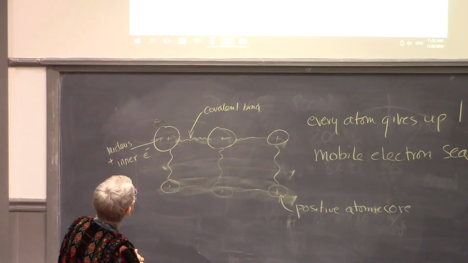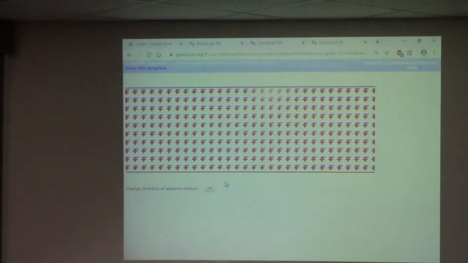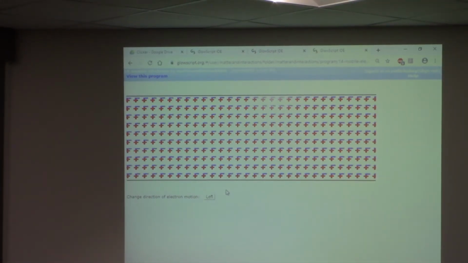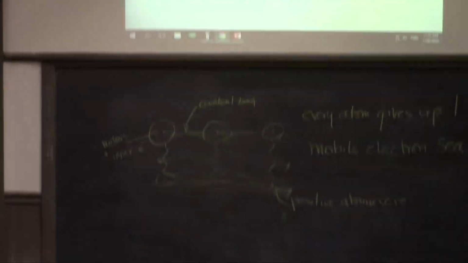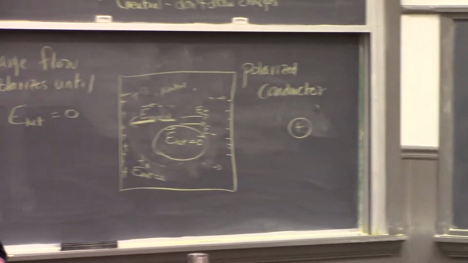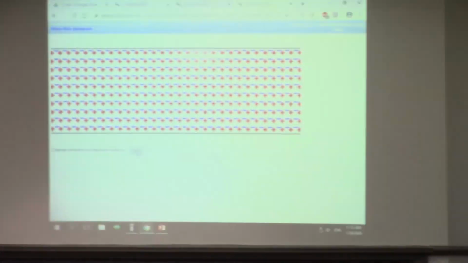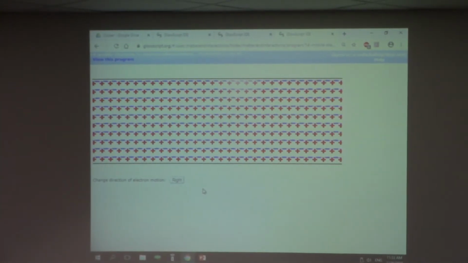Now let's see, the electrons are moving that way, so what do we think the direction of the applied electric field that's making them move is? Right, must be that way. And if we reverse the direction of the electric field, the electrons would go the other way.